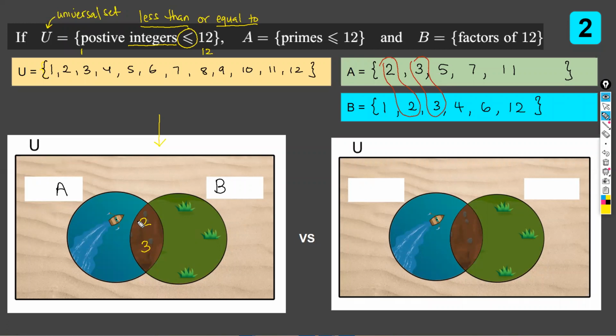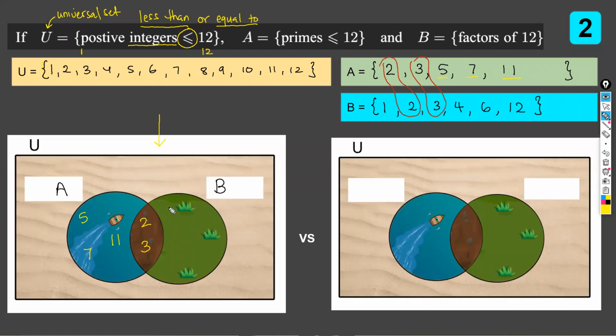That's just not allowed. So what is left to go in the water? Remember, 2 and 3 from A were put into the mud region, the common region. So what is left to go in the water now? 5, 7, and 11. You just space them out. You don't have to put commas or anything.